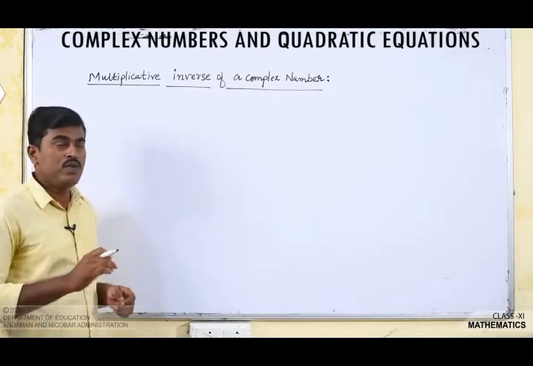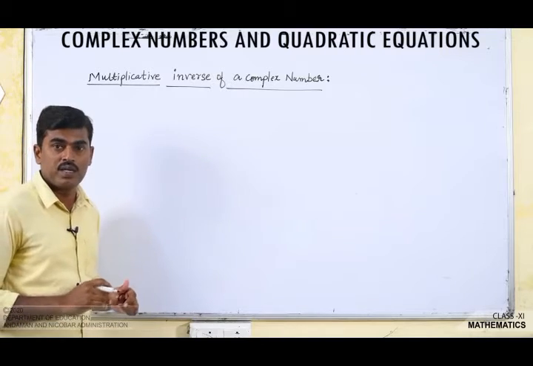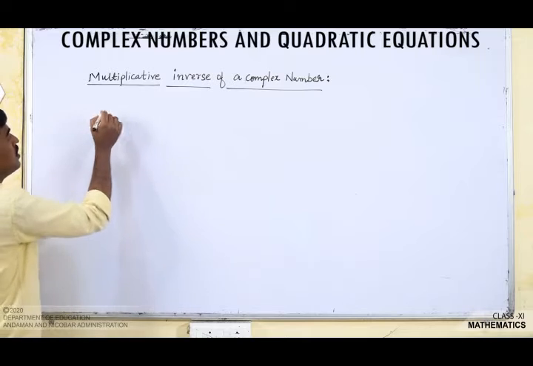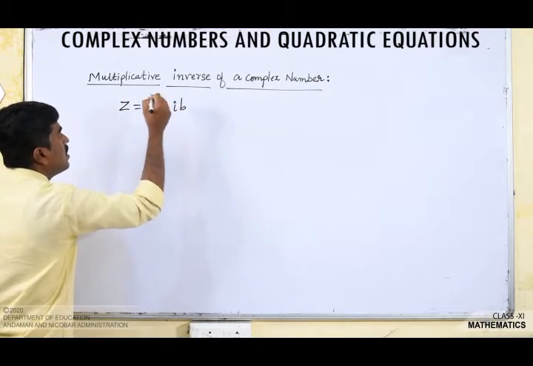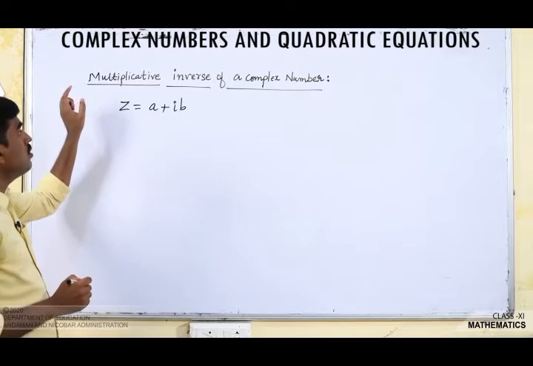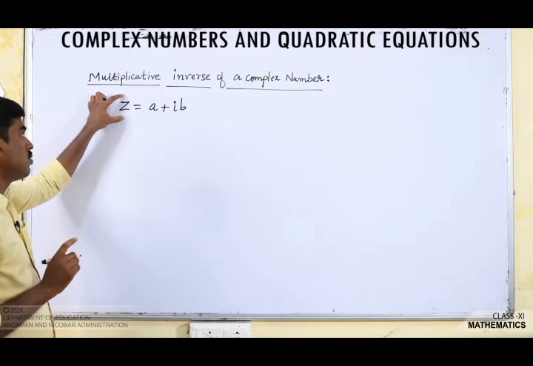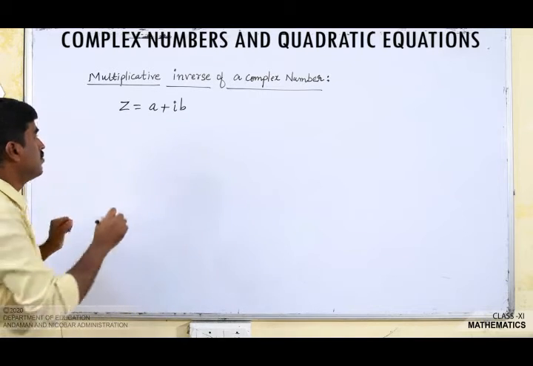Clear? Next we will see what is meant by the multiplicative inverse of a complex number. How to find the multiplicative inverse of a complex number. Suppose z is equal to a plus ib be a non-zero complex number.